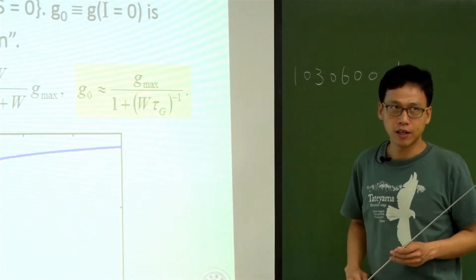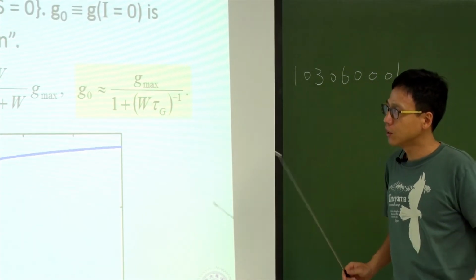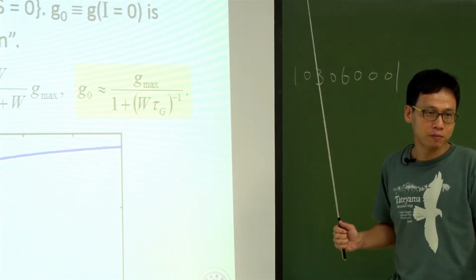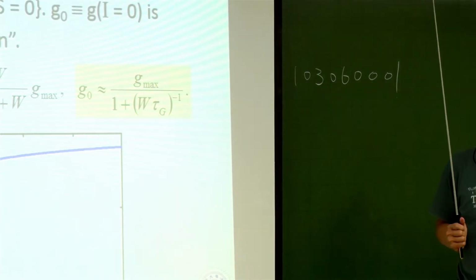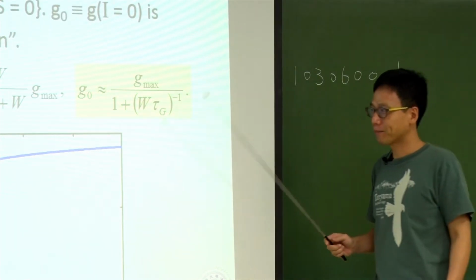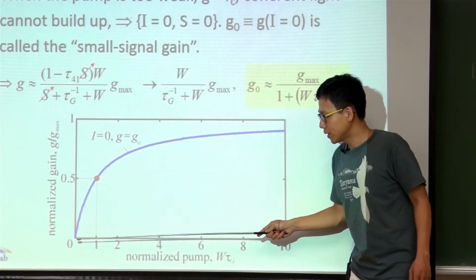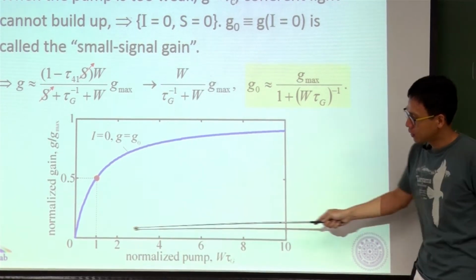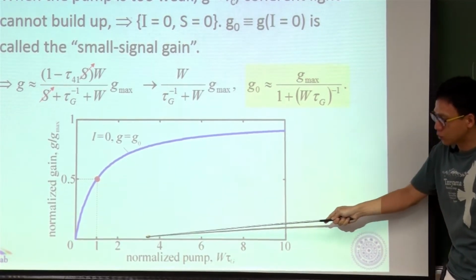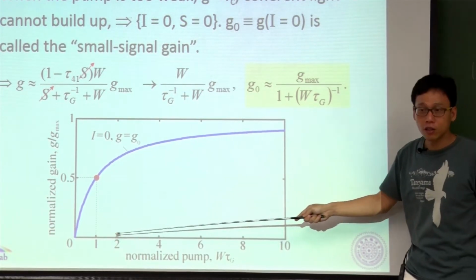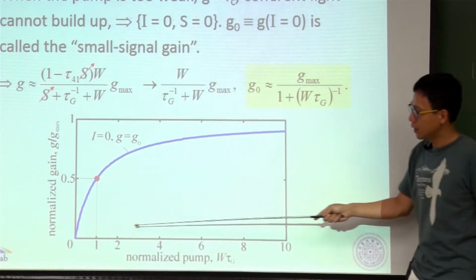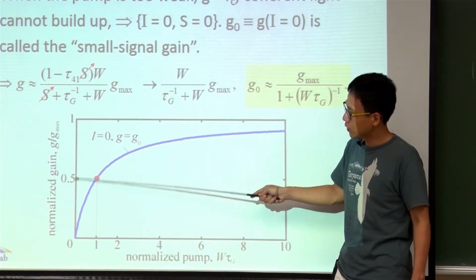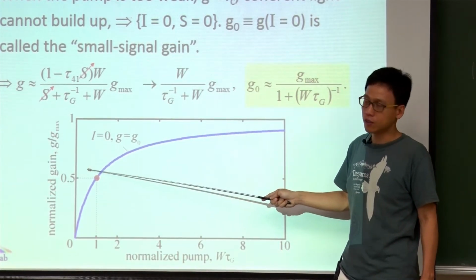And as I mentioned at the beginning of this semester, I prefer not to remember this formula, but use some curve to impress. Okay, this curve is plotted against the normalized pump. That means to the right-hand side, you got stronger and stronger pump. And your vertical axis is the normalized gain. To the upper side, you got larger and larger gain.